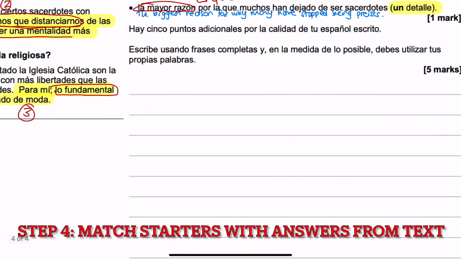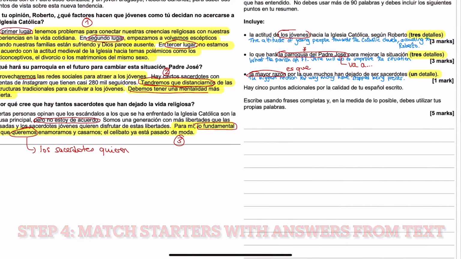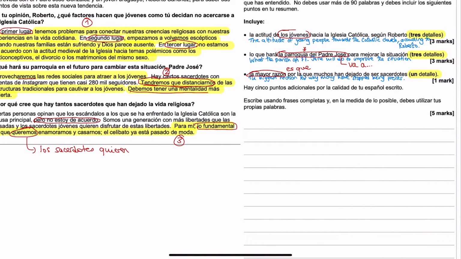So I've got my starters now, and now what I'm going to do is take the information that I've got and sandwich it with the bullet point starters and manipulate it where I need to, giving as many details as I can, the relevant amount of details.